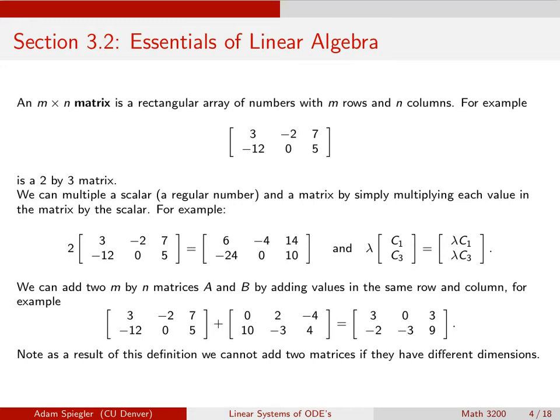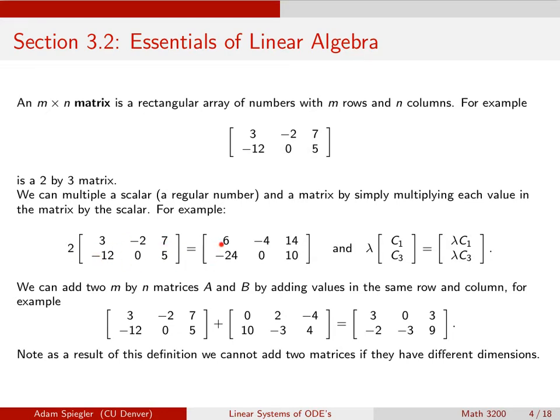And so we can do some arithmetic with matrices. So the first operation we can think about is if I want to multiply a scalar like 2 times a matrix, then that is defined by just multiplying every entry in the matrix by that scalar.